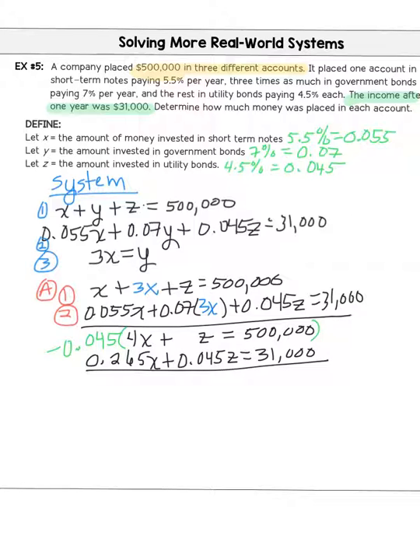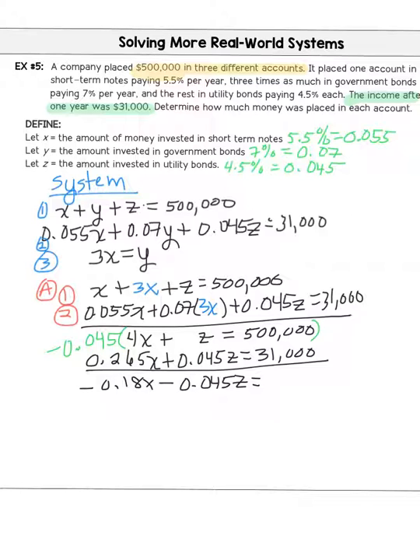So we're going to rewrite what we have. So 0.045 times 4, we get a negative 0.18 x minus 0.045 z is equal to 0.045 times 500,000.